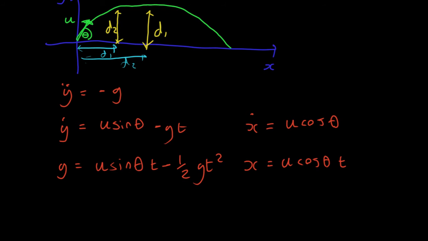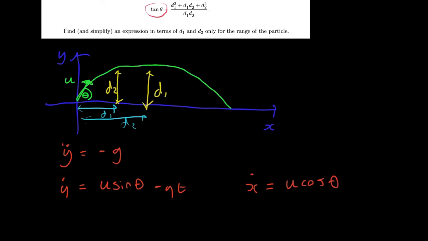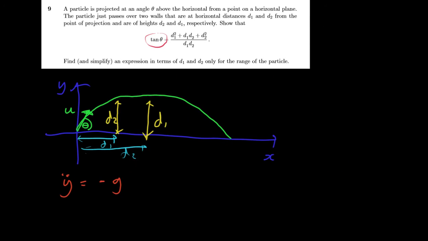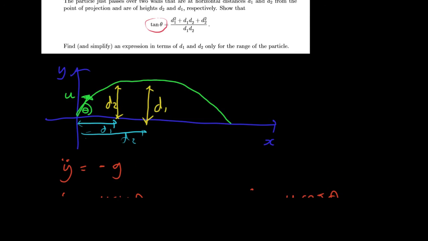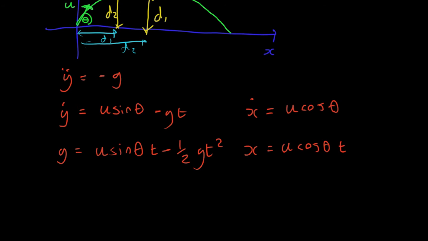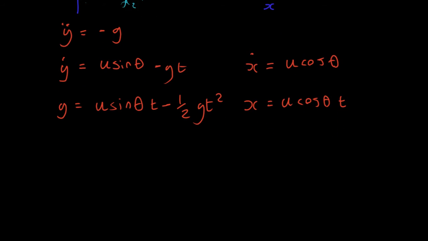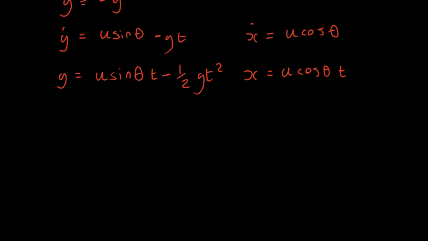If you've seen something like this before, if you see a tan theta in a projectile question, what this means is something called the equation of trajectory. In order to get here, we need to eliminate everything except theta, and our x and y will be our d's. So we're looking to eliminate velocity, time, g, all that stuff.